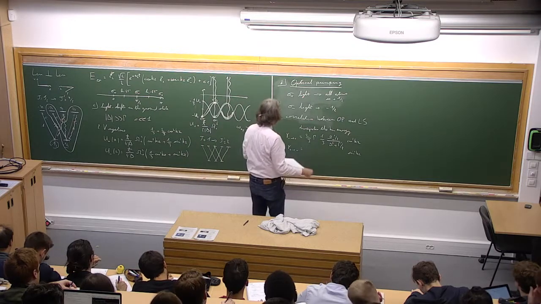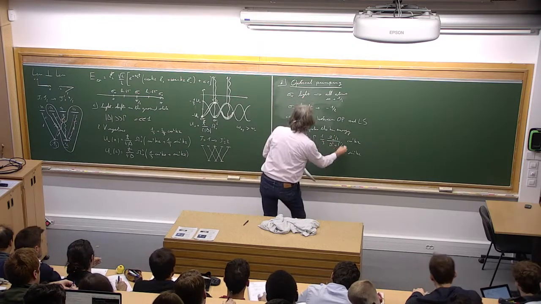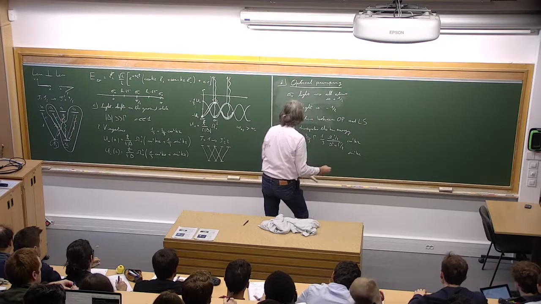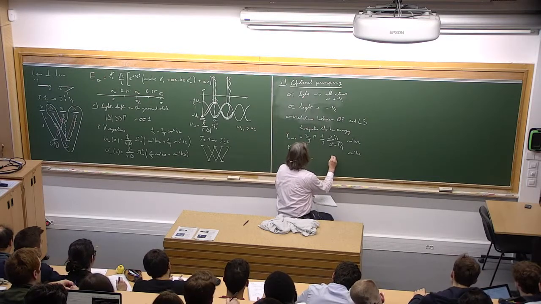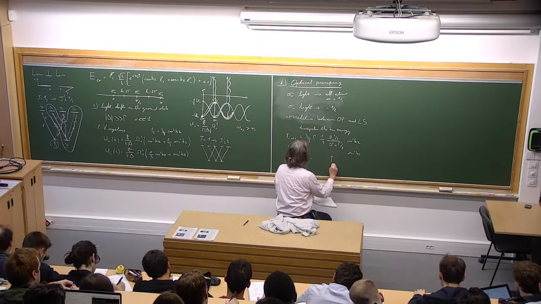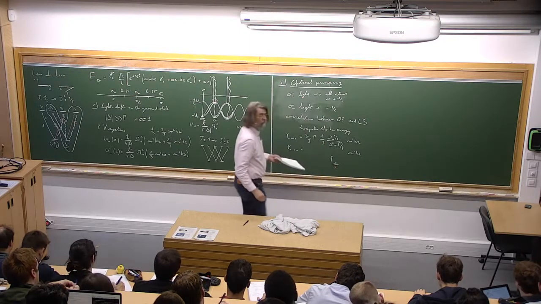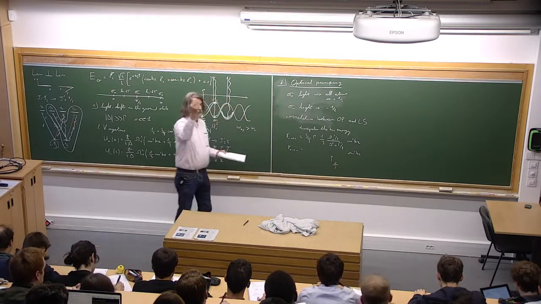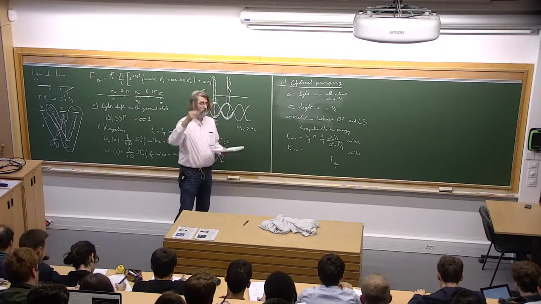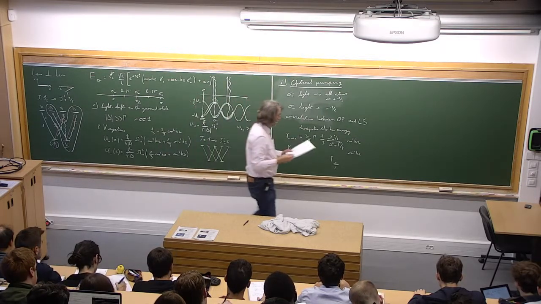And as we are, so this you can recognize if you remember something of your previous lecture. This quantity is nothing but S divided by 2, which is the population in the upper level, which is supposed to be very small.